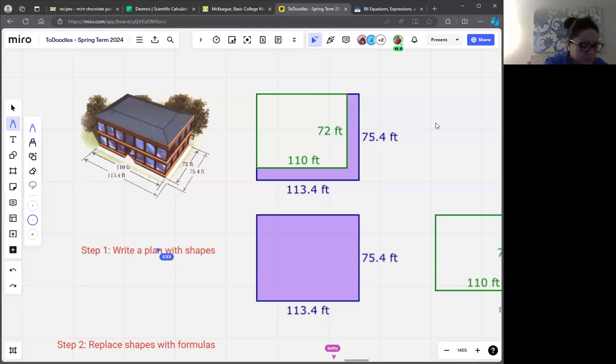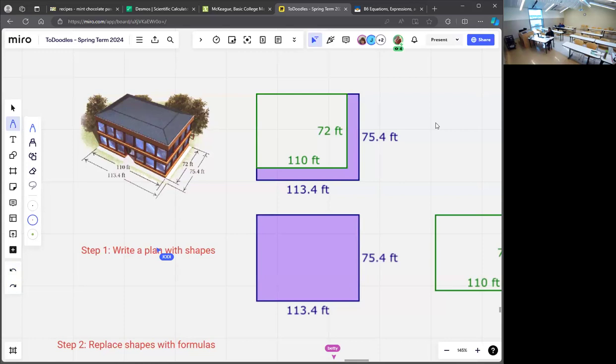But don't let the 3D colorful picture confuse you. All that's happening is there's an outside edge. That's the 113.4 on one side and 75.4 on the other.